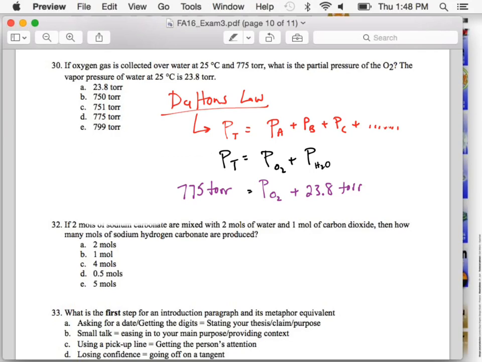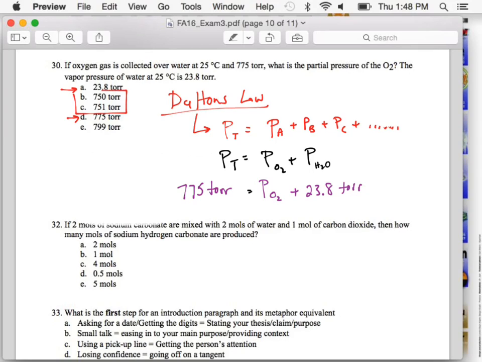So yeah, a question can shuffle numbers all over the place and make it look like a mess. And if we look at our answer choices, what answer choices show up? 23.8. Sweet, that was given to us. Right? 775. Sweet, that was also given to us. What else do we have? 750 and 751.